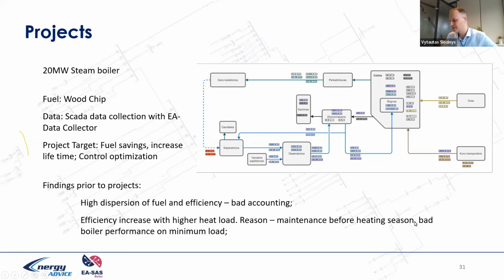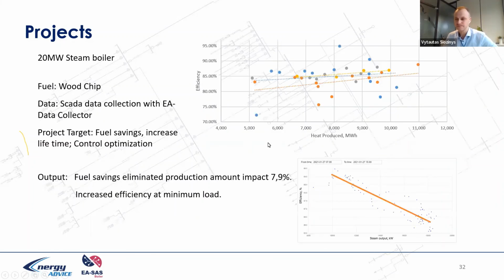The reason was maintenance before the heating season, bad boiler performance at minimum load. We found that efficiency and high dispersion increase with heat production increase, so finally we made it like it should be: efficiency decreases to some minimum at the highest thermal load, and increases with a lower load.